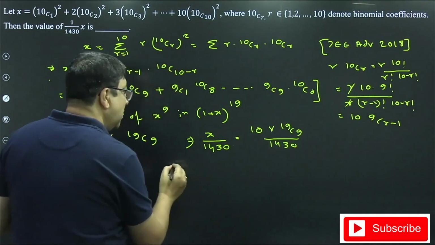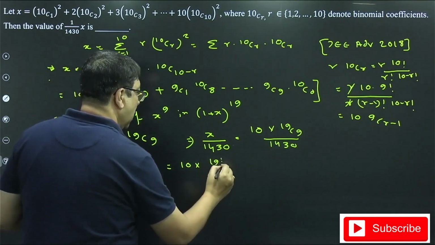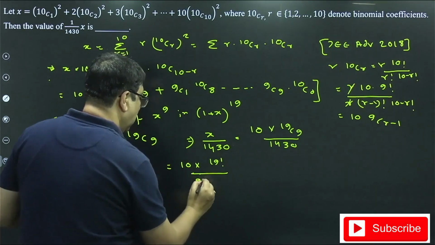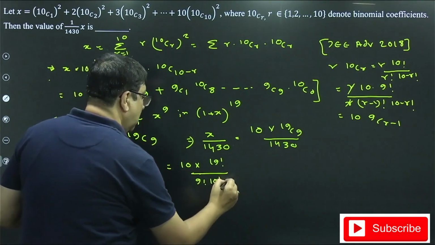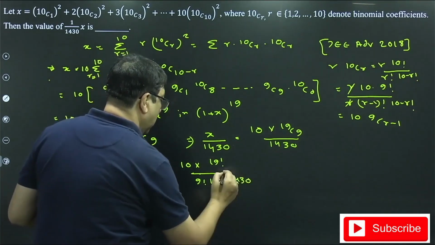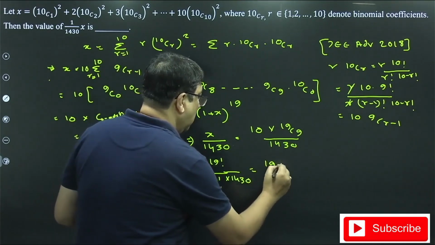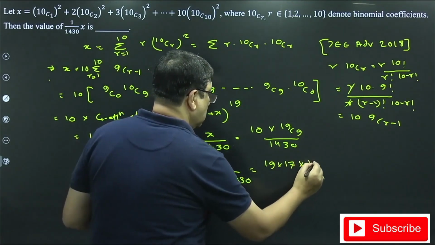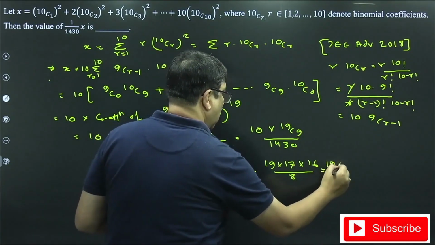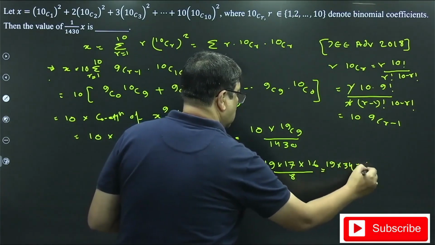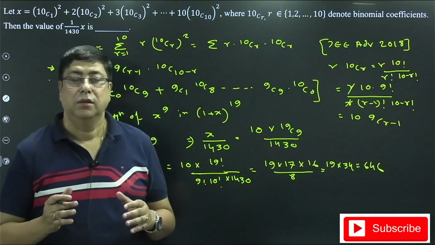So we can write this as 10 into 19 factorial by 9 factorial into 19 minus 9, 10 factorial into 1430. So let us calculate here. So 19 into 17 into 16 by 8. This is coming 19 into 34, that is coming 646. Therefore, this is the sum we have solved.